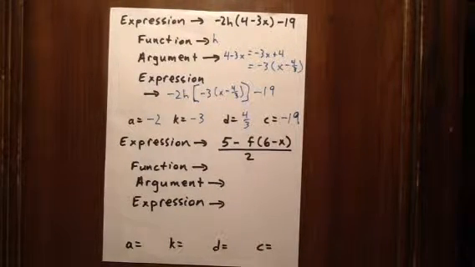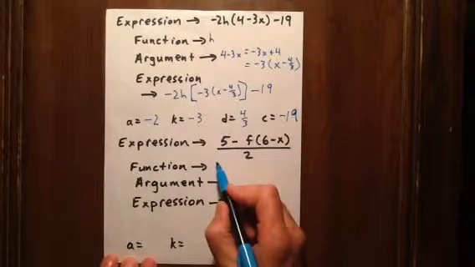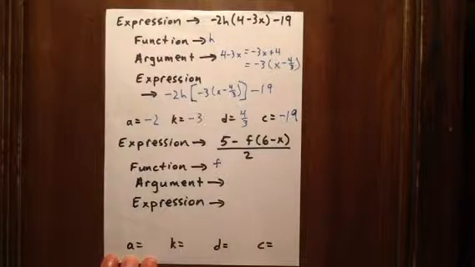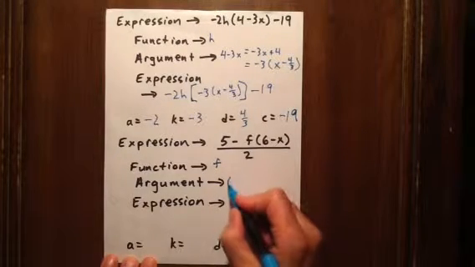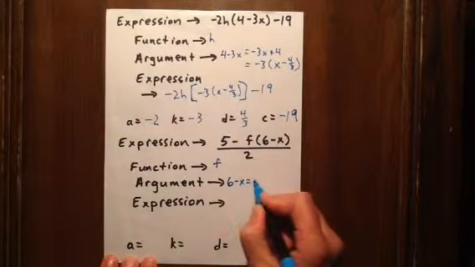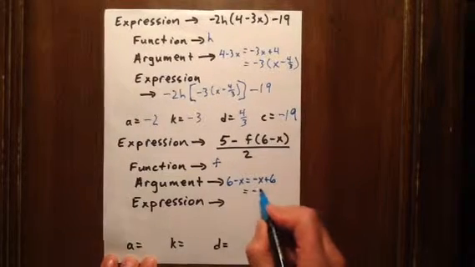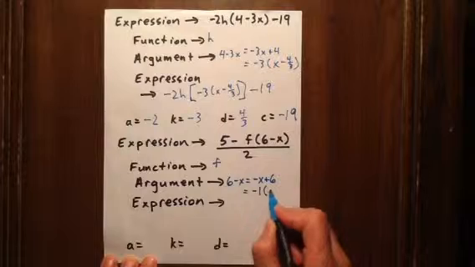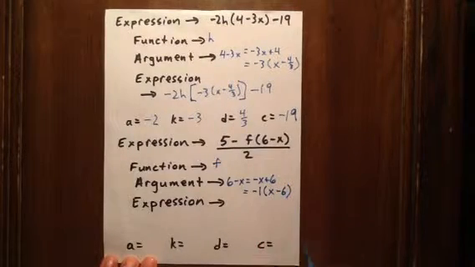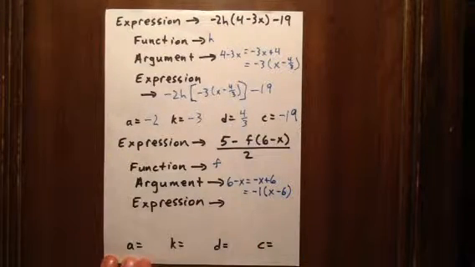We've got 5 minus f of 6 minus x, over 2. Well, our function is f. Our argument is 6 minus x, which is the same as negative x plus 6, which is the same as negative 1, and then open bracket, x minus 6. That's our argument.